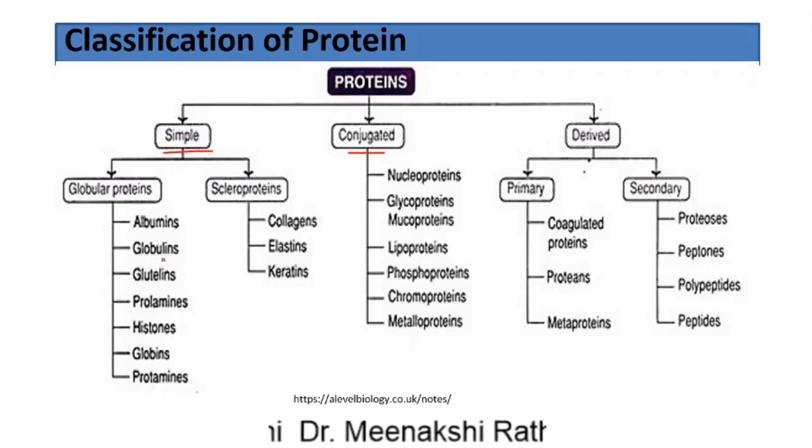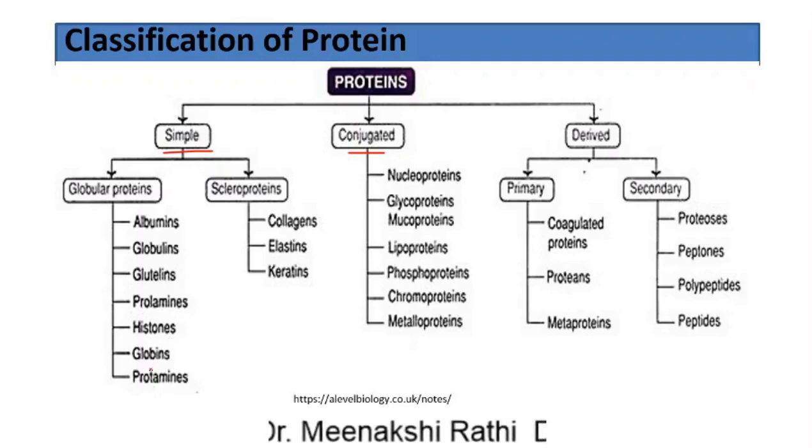Globulins are present again in egg yolk. Glutenin is present in wheat and rice. Prolamines are again present in wheat, maize and rice. Histones are present in codfish or fish oil.